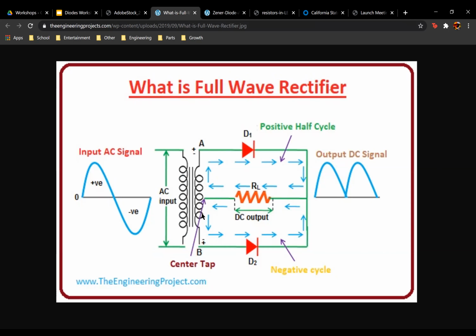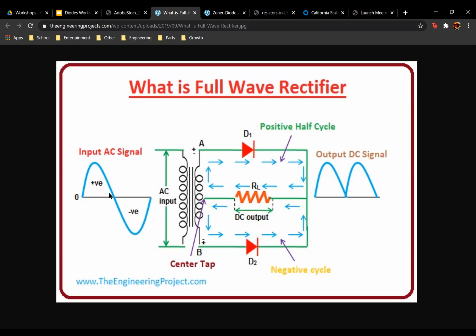When this AC signal goes in, we'll start with the positive portion of it. When this signal enters the transformer, it's going to go into this diode right here called D1, and this is what's known as the positive half cycle of our circuit.